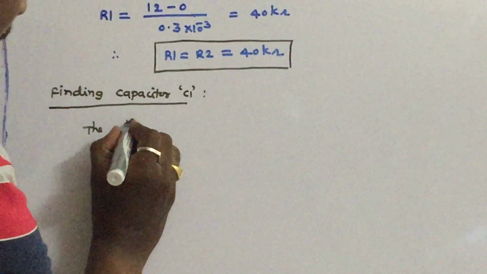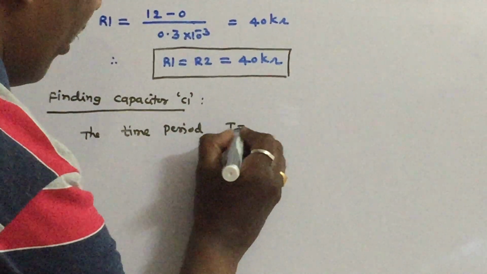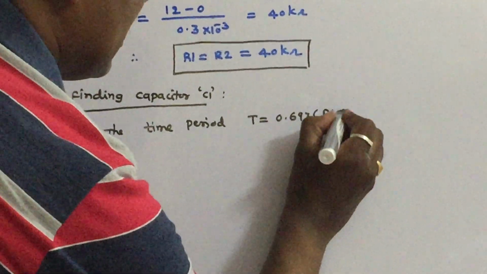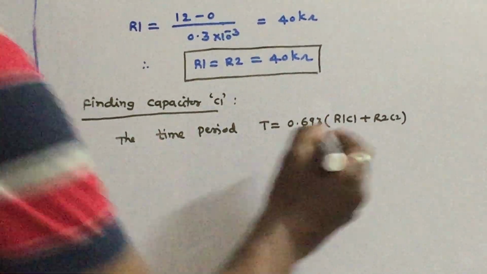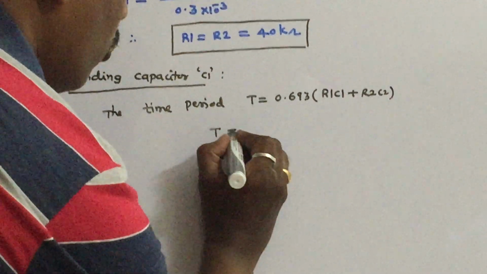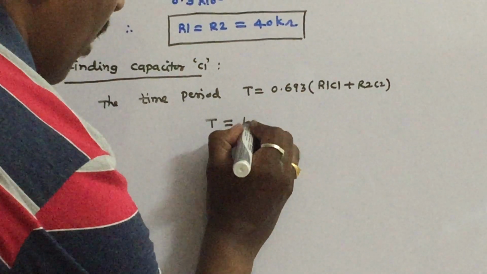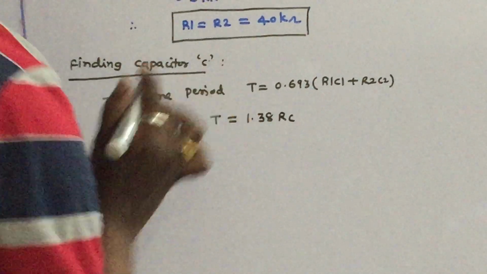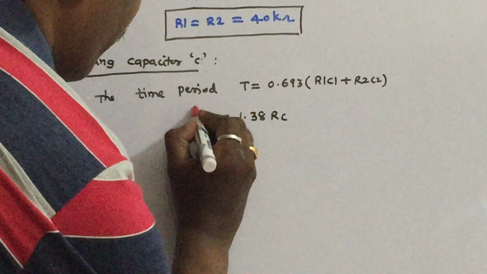The time period formula is very important for an astable multivibrator: 0.693 into R1 C1 plus R2 C2. In order to generate a symmetrical square wave, assume R1 is equal to R2 is equal to R, and C1 is equal to C2 is equal to C. It will come out as 1.38 RC. Finding C.